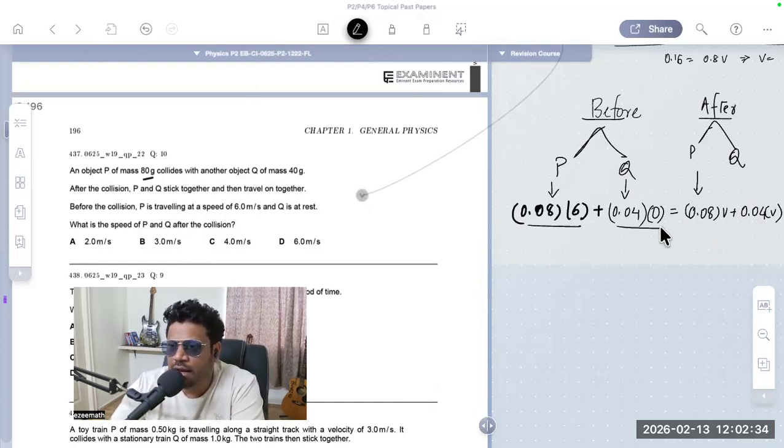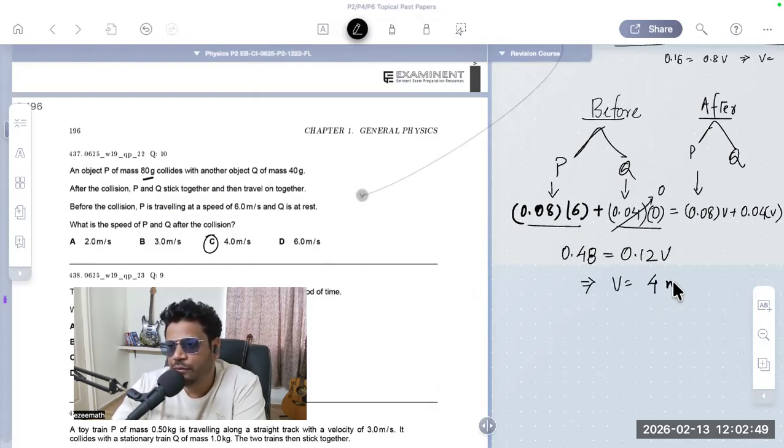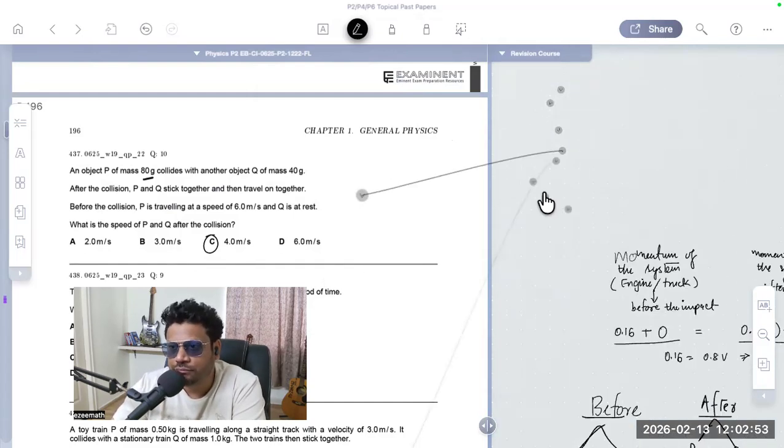So it's going to be 0.48 equals 0.12 times V. V comes out to be 4, and that is your answer, 4 meter per second. Done.